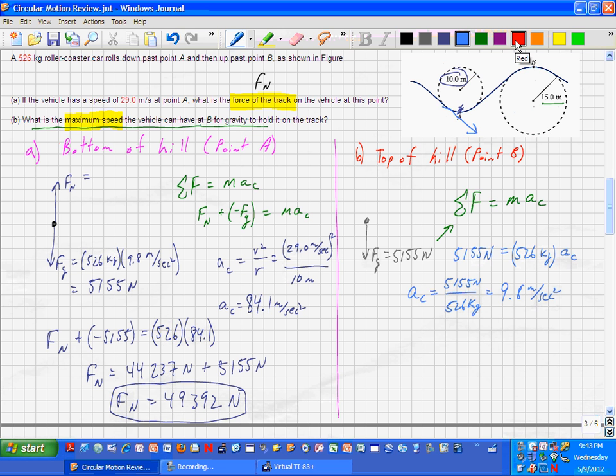So now we can use that 9.8 meters per second squared is equal to v squared over r. R is 15 meters.